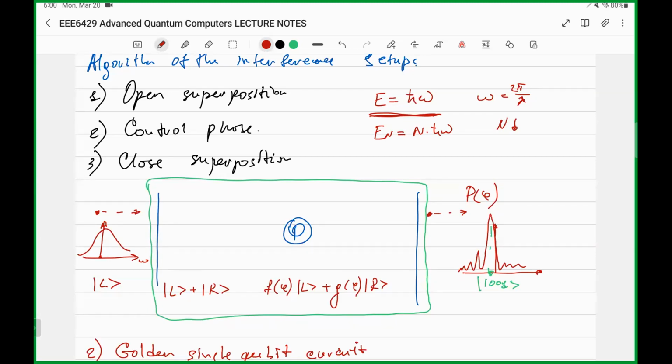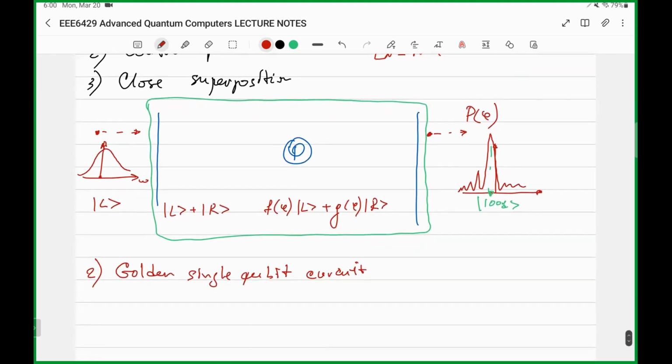I mean, of course, this photon can be absorbed by some impurities or something like that in the system. But we consider the case of no losses. So our photon can be either transmitted or reflected. In reality, of course, it can be absorbed, and that makes our system so-called non-Hermitian, right?